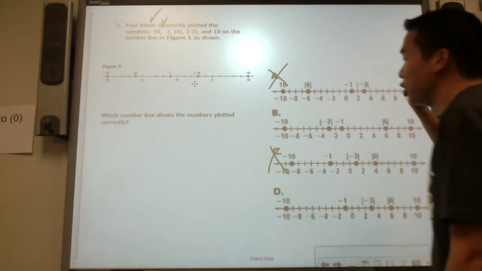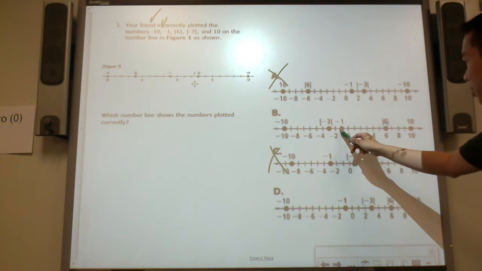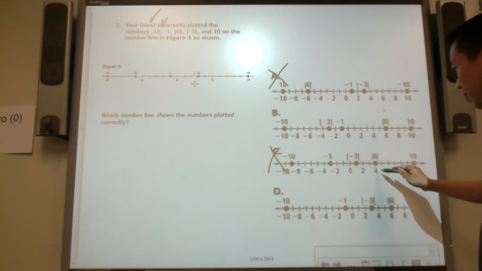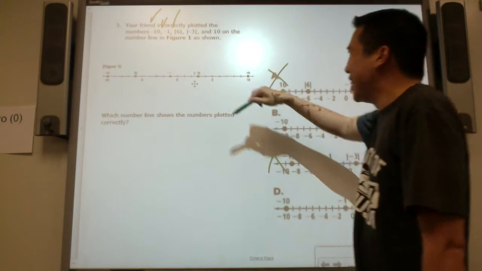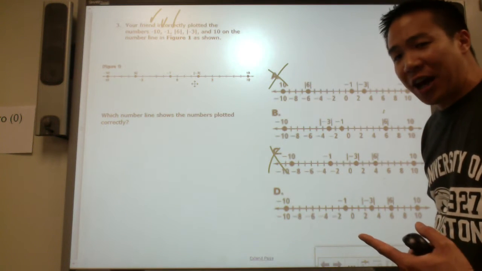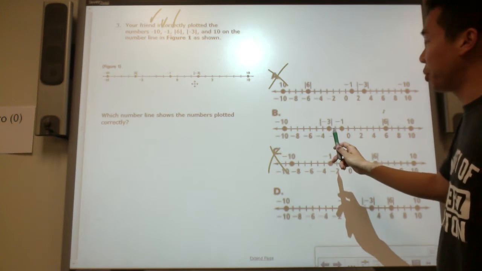Check. Absolute value of 6. How far is 6 from 0? 6 units. Check. Check. How far is absolute value of negative 3? How far is negative 3 from 0? 3 units.